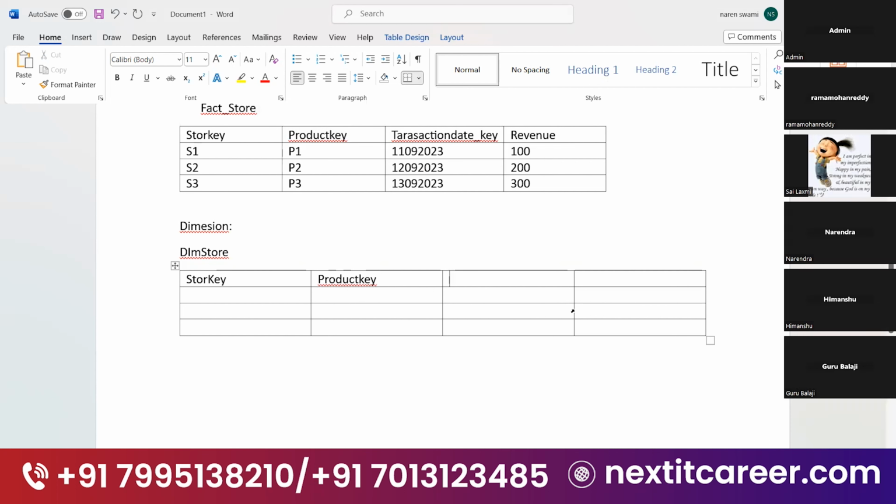Sometimes I will not write the correct spellings. The product key will not be here. Instead it will have store name or branch name, the address of the store, and the contact number of the store.